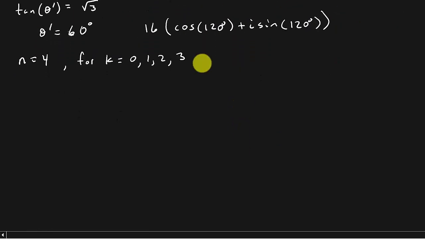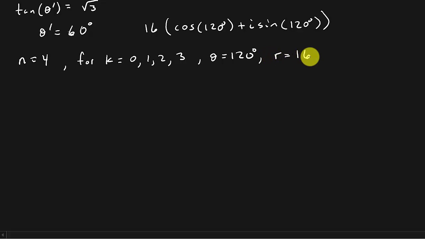So let's go ahead and write down theta is 120. r is 16. So what are the fourth roots of this? For k equals 0, that's the first one.